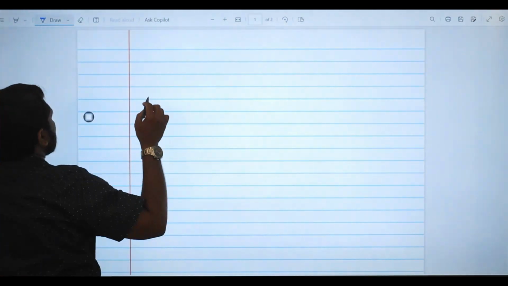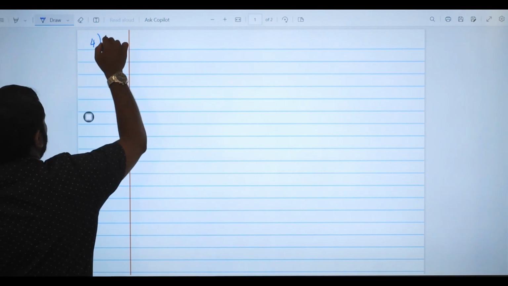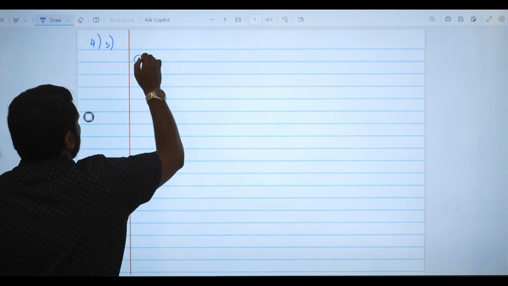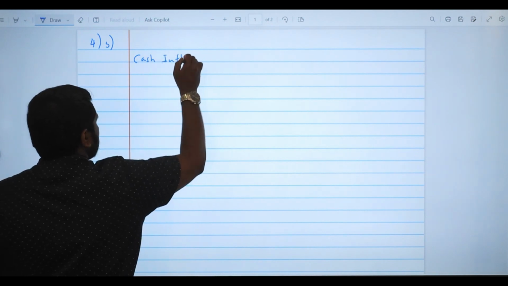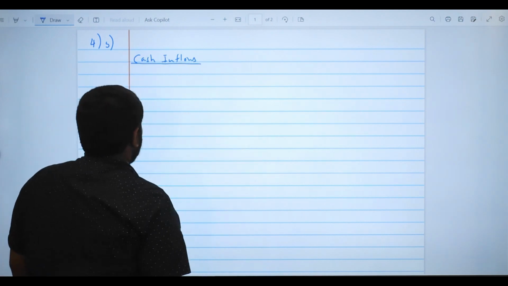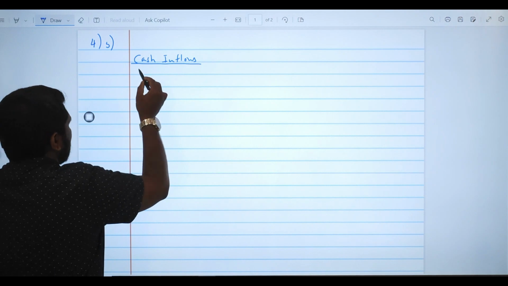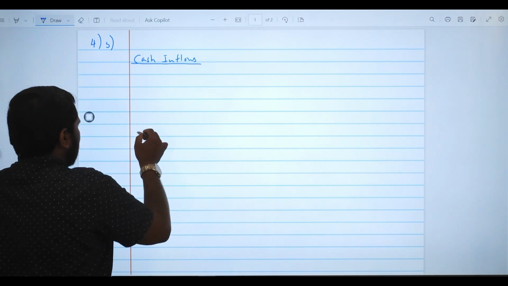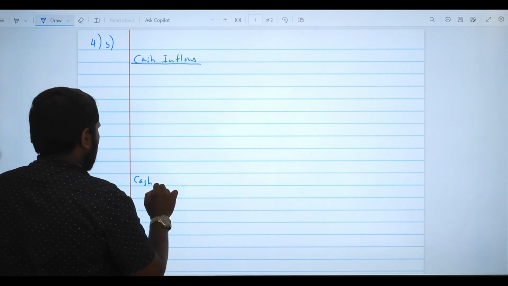So let's do the question here. Question number 4, part B. Here I write cash inflows, and I can leave maybe 9 lines. 1 2 3 4 5 6 7 8 9, cash outflows.